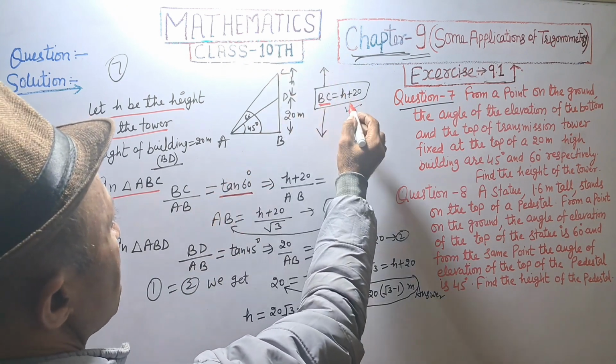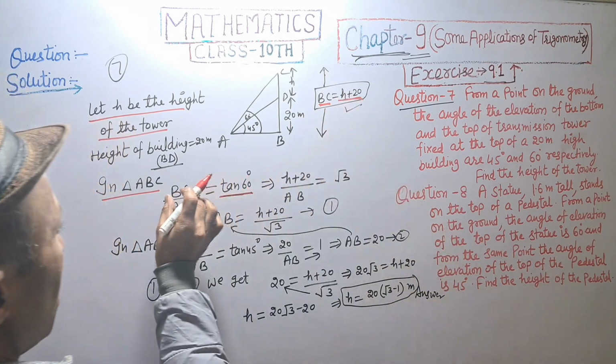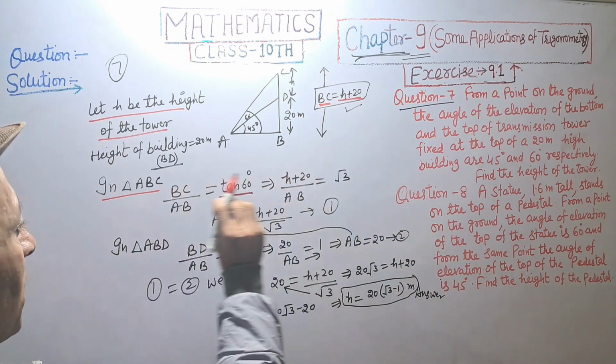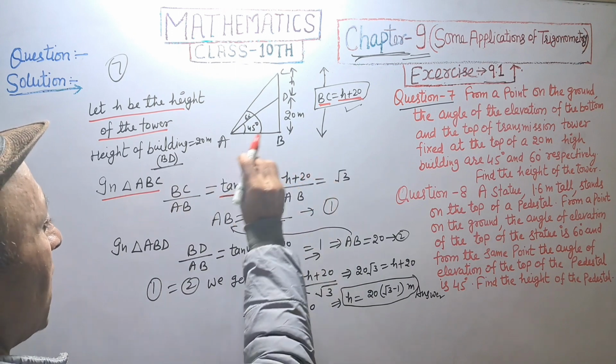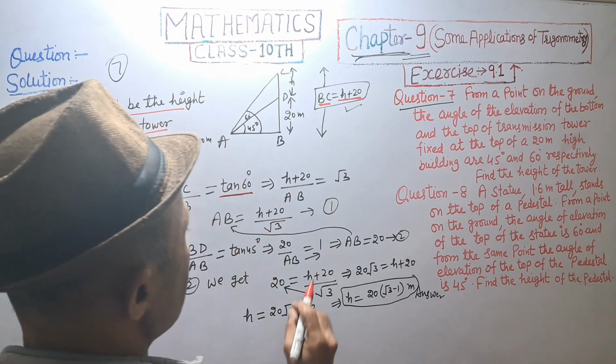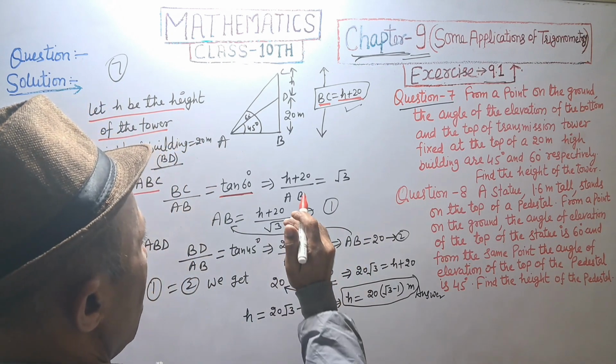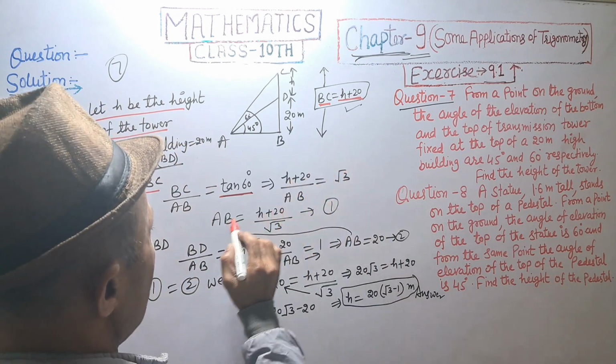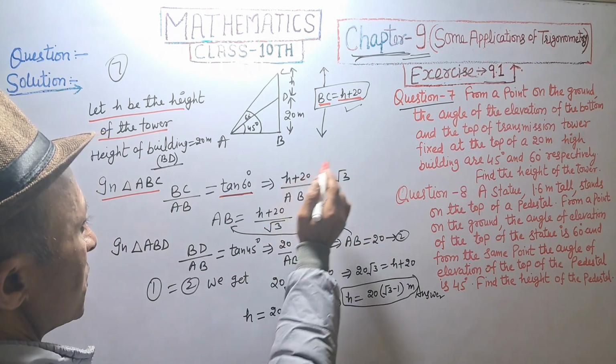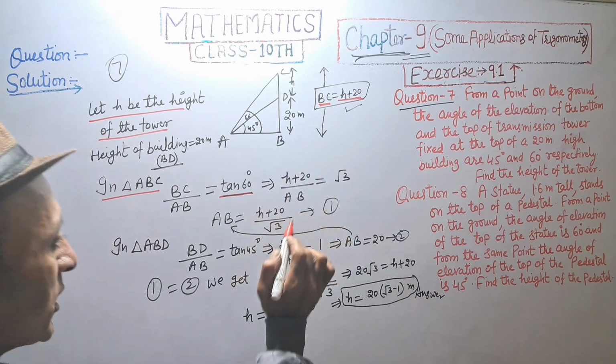Total height BC is h plus 20, so h plus 20 divided by AB is equal to tan 60. Tangent 60 degrees is root 3, and we get AB is equal to h plus 20 divided by root 3. It's equation number first.